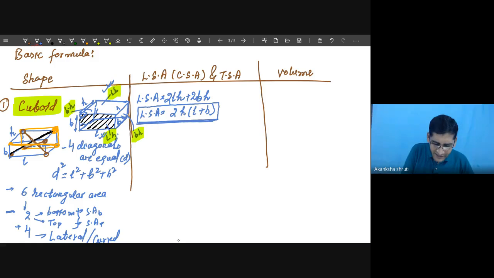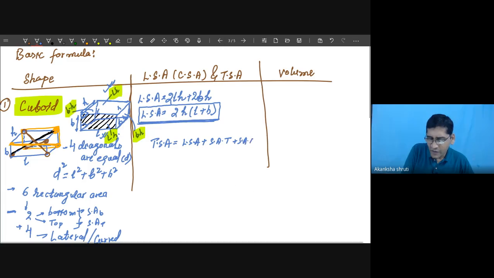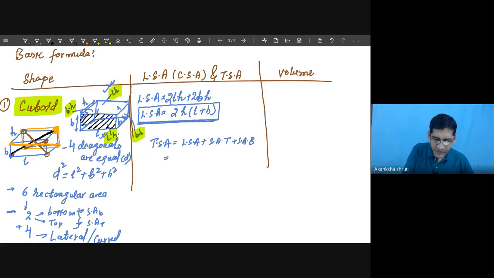Now if we are considering the TSA, so this is our LSA. In this, the surface area of the top we need to consider and the surface area of the bottom we need to consider. So it was our twice LH plus twice BH. I have substituted in this form. What is left for the top and bottom?